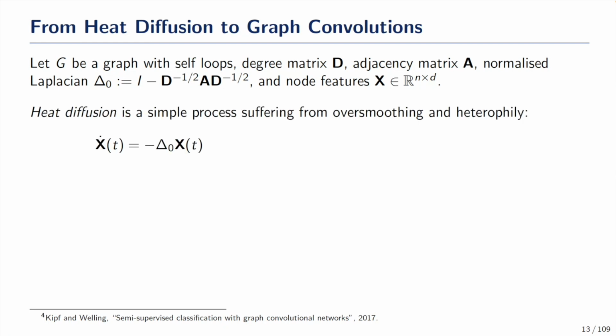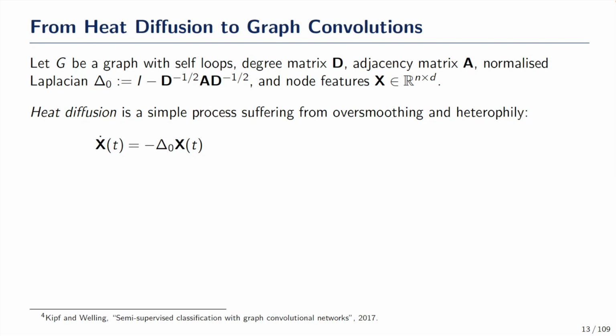Now, one simple process that suffers from both heterophily and oversmoothing is heat diffusion. That's the anti-model, right? It's the worst thing you could do, because if you've seen it visualized, temperatures just become more uniform as time passes. That's pretty bad, because everything becomes uniform, everything oversmooths.